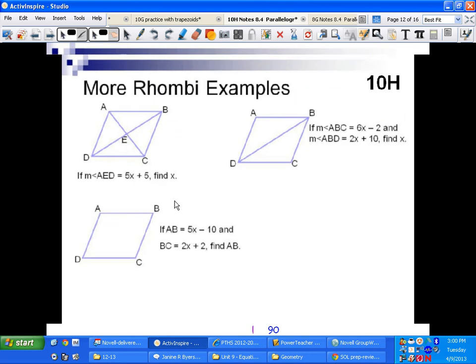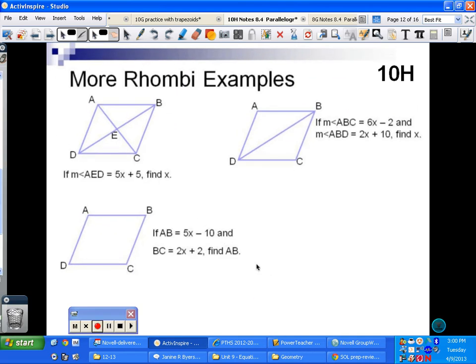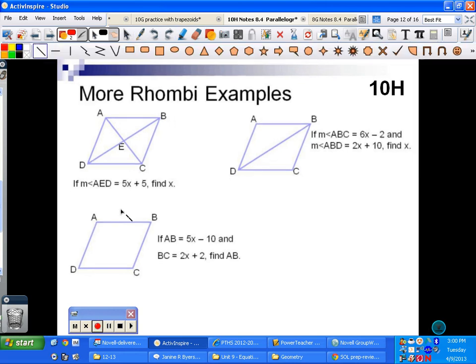If we take a look at the next page, what we have are some more rhombi examples. Here we're given that the measure of AED is 5x plus 5, and we're told to find x. Really what you just have to remember is that in a rhombus, the diagonals are perpendicular.